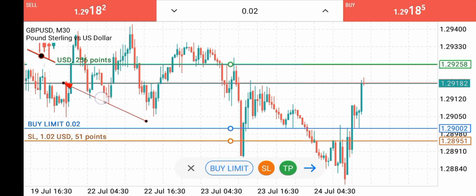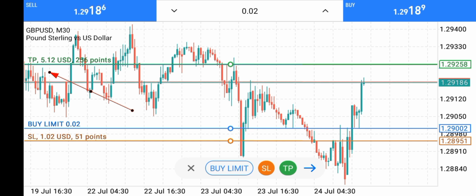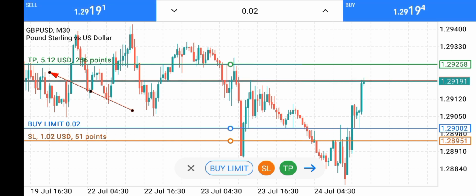And if you go over to your take profit, you'll notice that the 2.50 something dollars you will get if the trade goes in your direction has increased to $5.12. So what I'm trying to explain here is that the higher your lot size, the higher the amount of profit you would make, and also the higher the amount of loss you make.